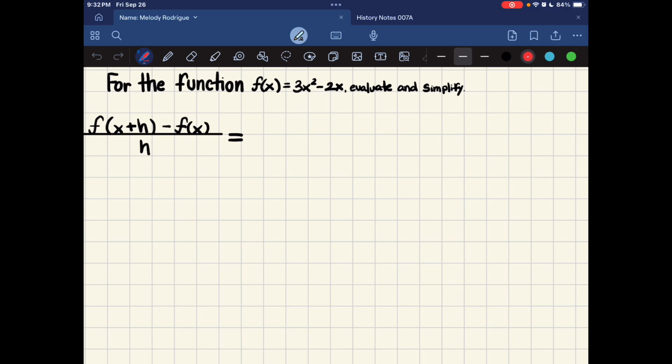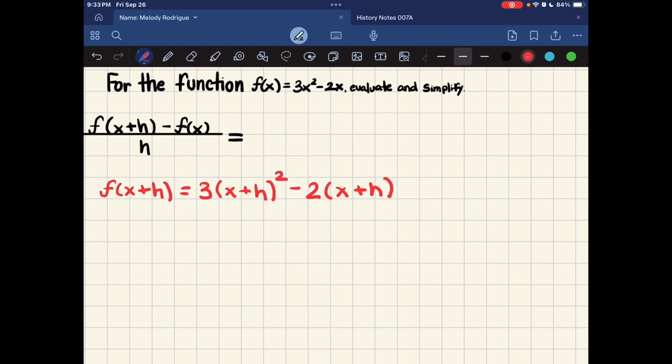So we're going to write f of x plus h equals, and just replace x with x plus h. So 3 of x plus h squared minus 2 of x plus h.